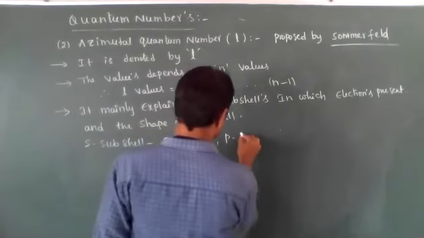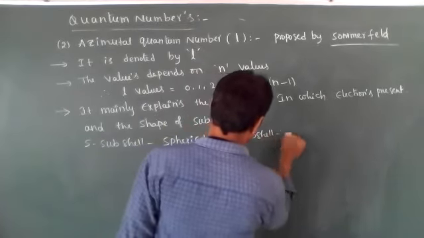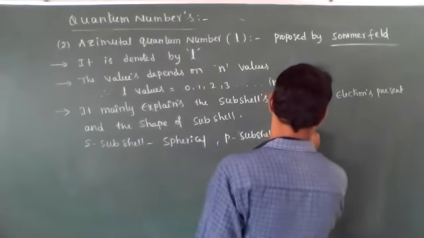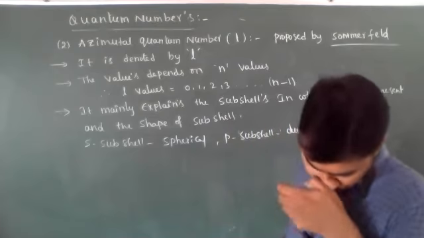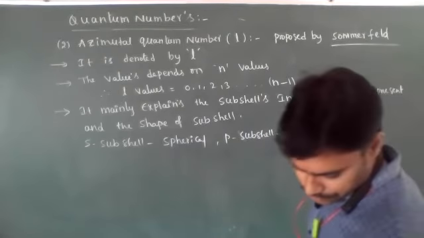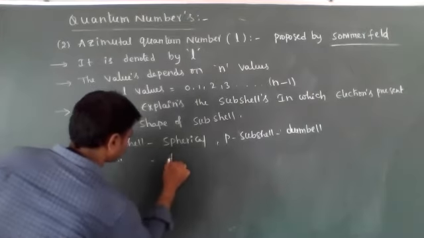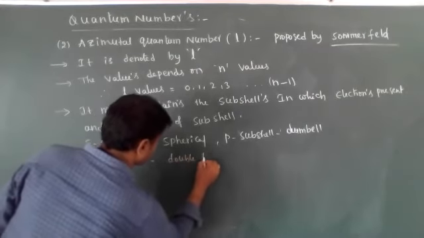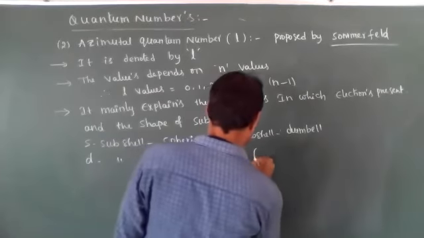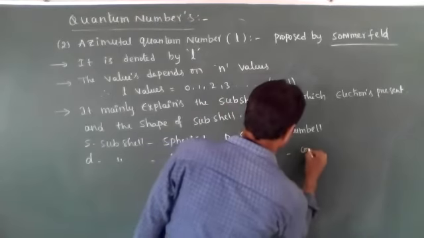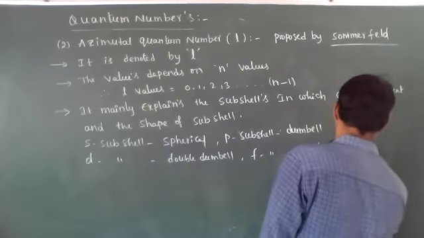And the p subshell shape is dumbbell shape. Okay. The d subshell shape is double dumbbell shape. And the f subshell shape is complex shape, complex or fourfold.